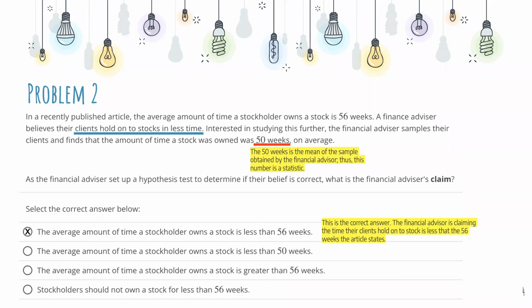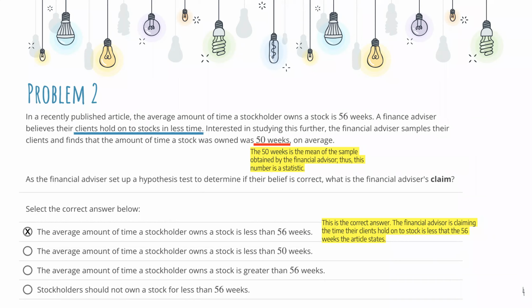Problem number 2. In a recently published article, the average amount of time a stockholder owns a stock is 56 weeks. A finance advisor believes their clients hold on to stock for less time. Interested in studying this further, the financial advisor samples their clients and finds that the amount of time a stock was owned was actually 50 weeks on average.